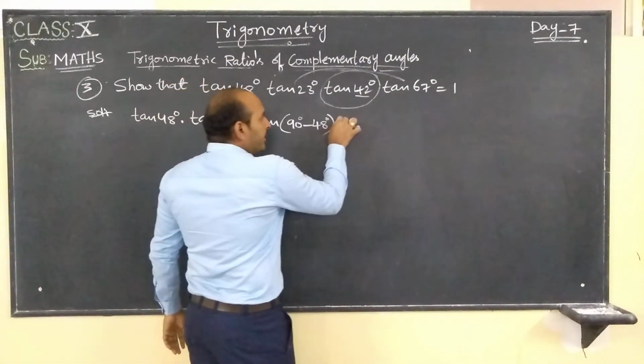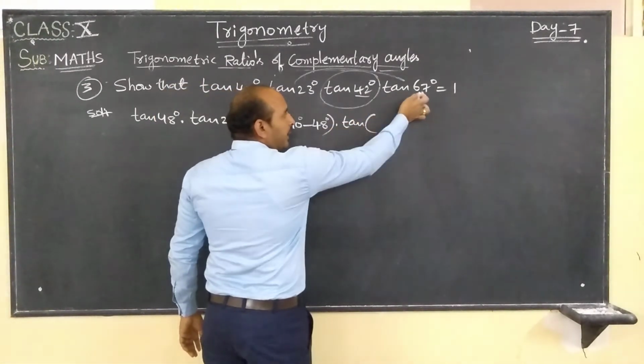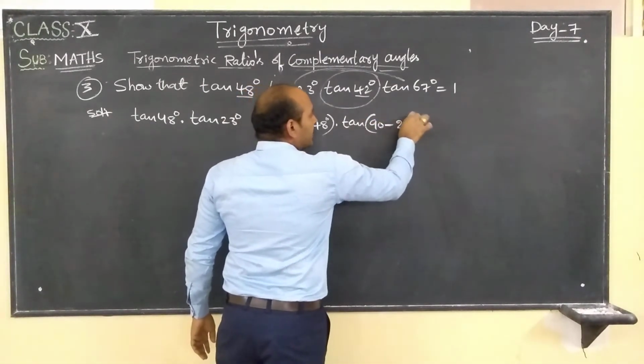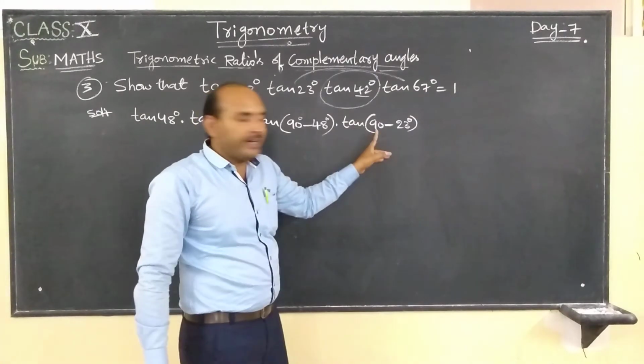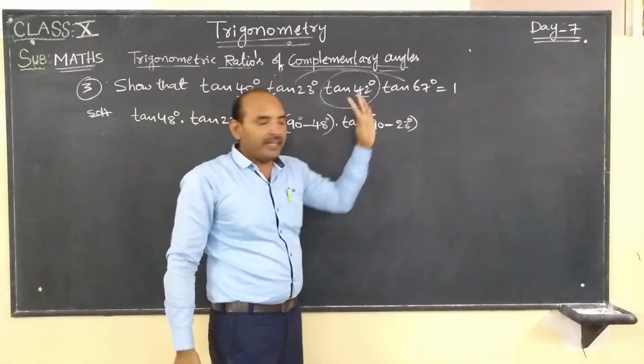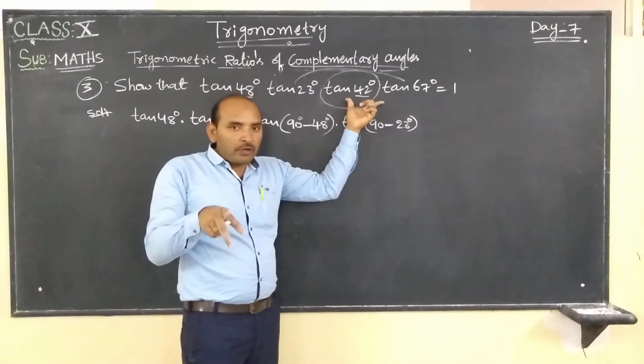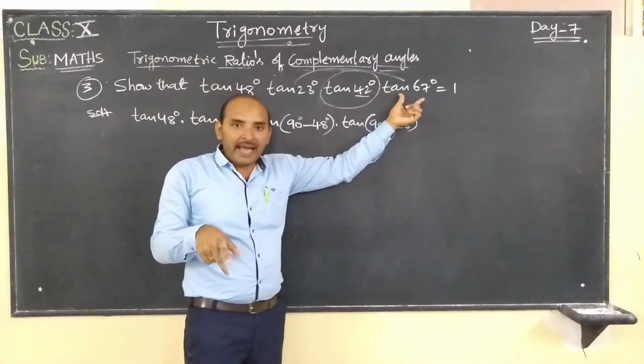Into tan of, this value also changes to 90 minus 23 degrees. Tan of 90 minus 23 is 67 degrees. I convert the values, only two trigonometric values, tan 42 degrees and tan 67 degrees.